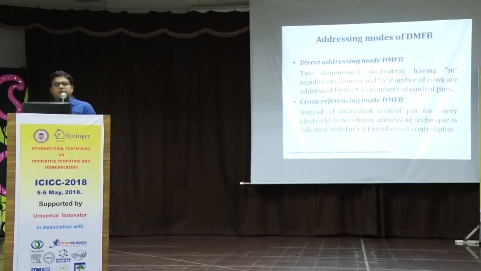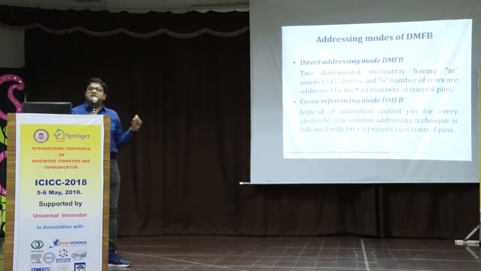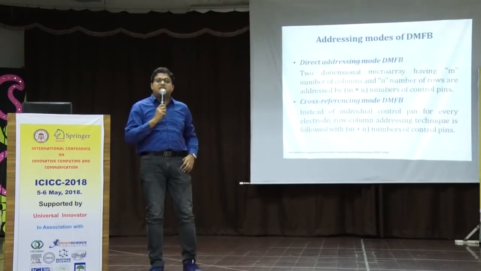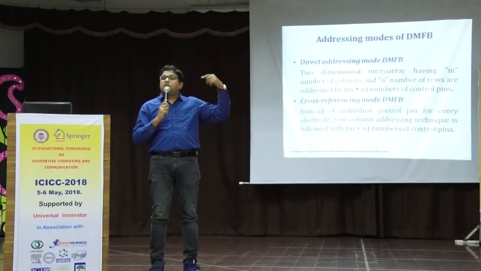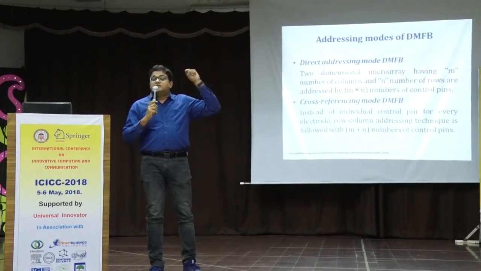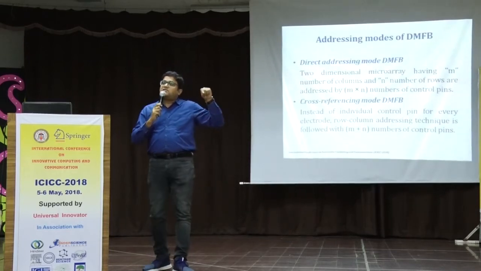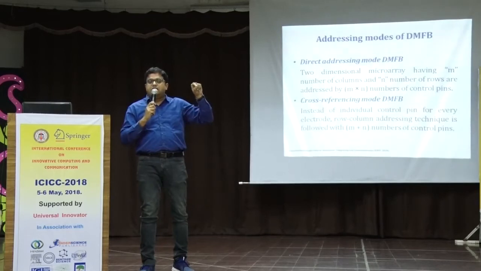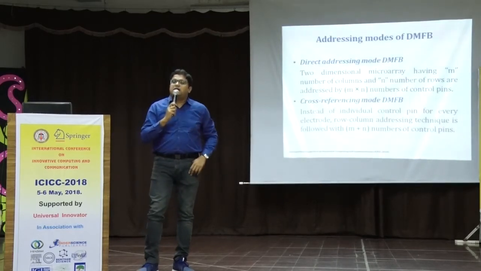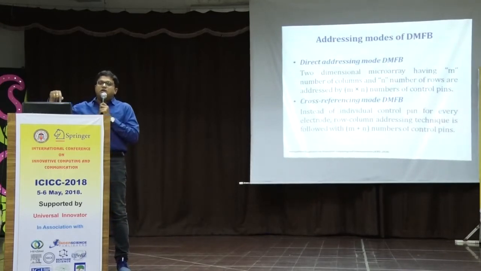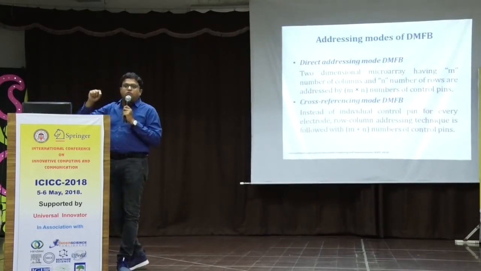So later on, the next concept came up, that is called cross-referencing. I guess all of you are familiar with the two-dimensional array addressing scheme, which is like row column addressing. So if you want to address the second row, second column cell, then the addressing is 2, 2. That will be the second cell of the second row in the two-dimensional matrix. In a similar manner, in cross-referencing mode, we can address each of these cells in a row column style.